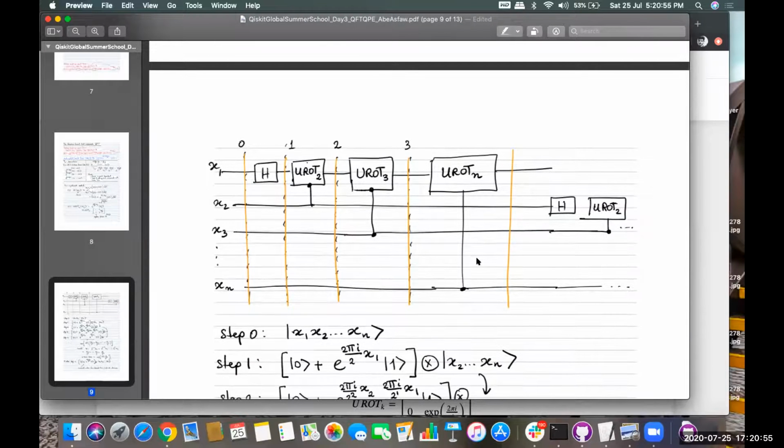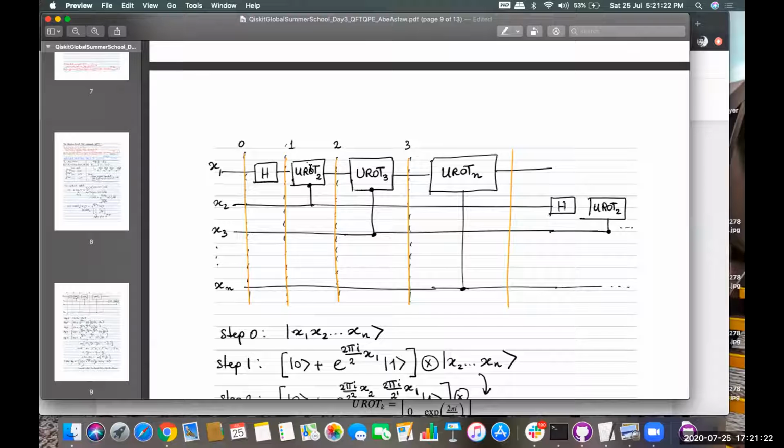So if we look at the quantum circuit diagram, it will be something like this. Suppose we have n quantum states existing. The very first step will be applying the Hadamard gate on qubit 1. And then after applying the Hadamard gate, we will be applying the controlled unitary rotation gate from x1 to x2.